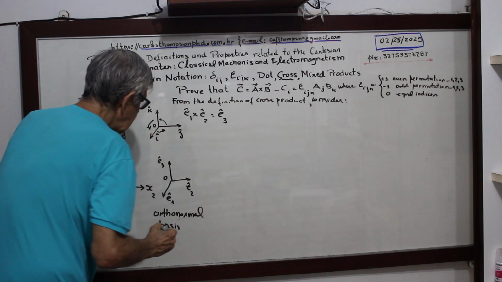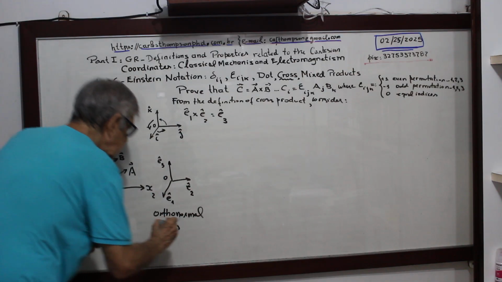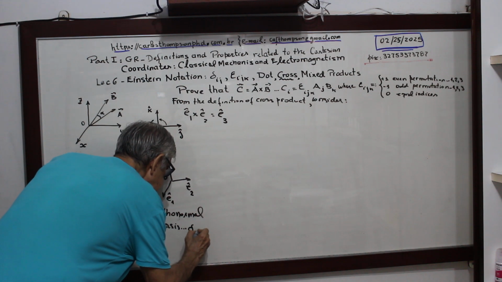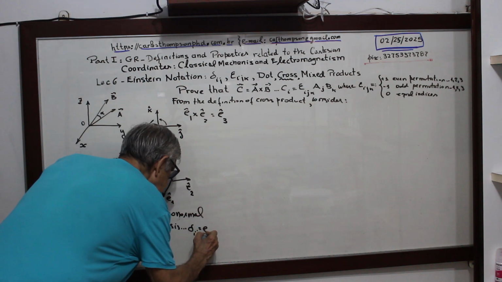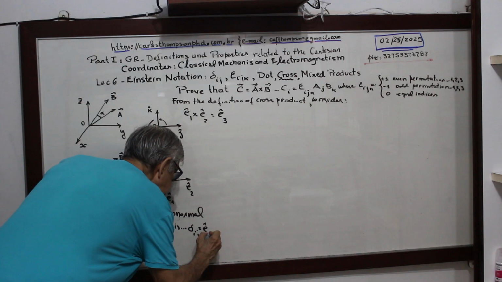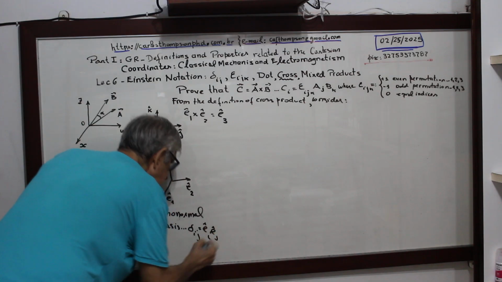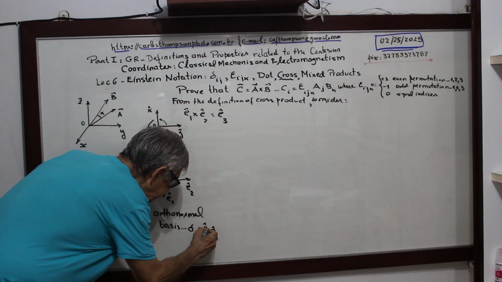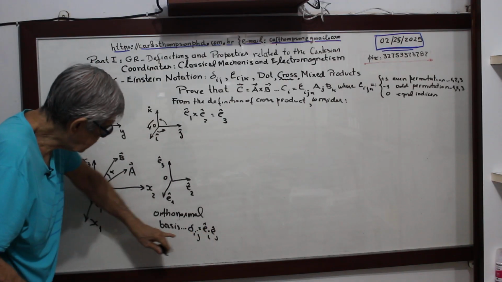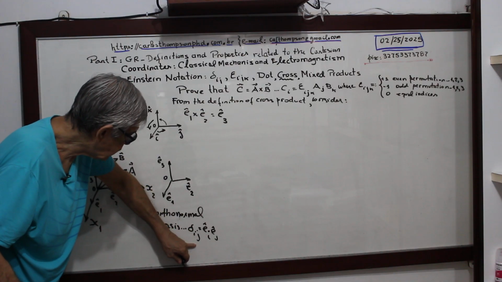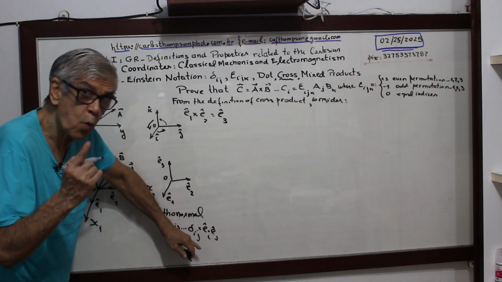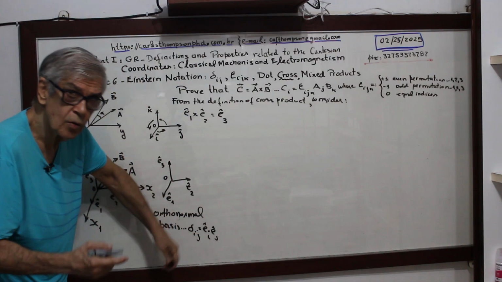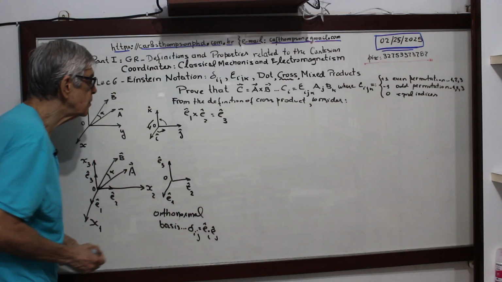Here I can summarize: delta ij is equal to e_i dot e_j. You see the scalar product, delta ij. So this will be 1 when i is equal to j, and 0 otherwise.